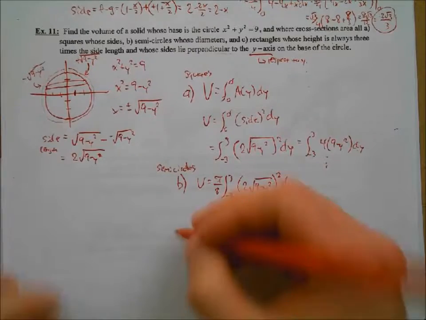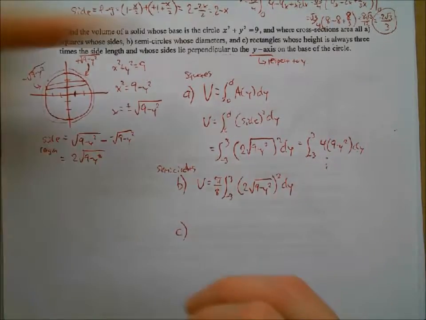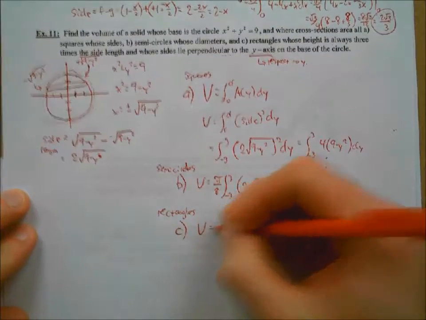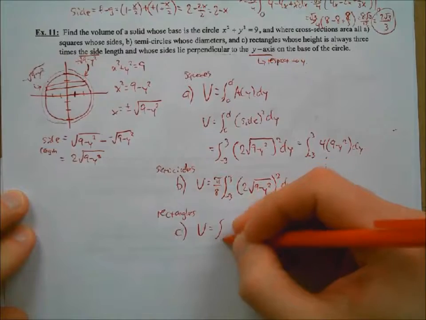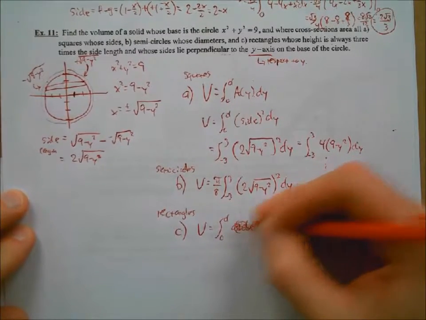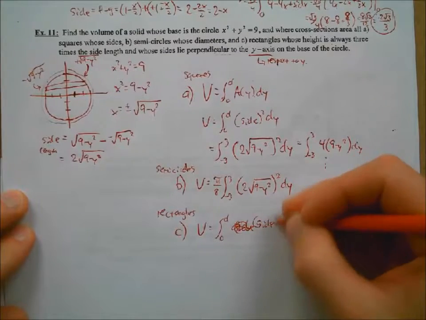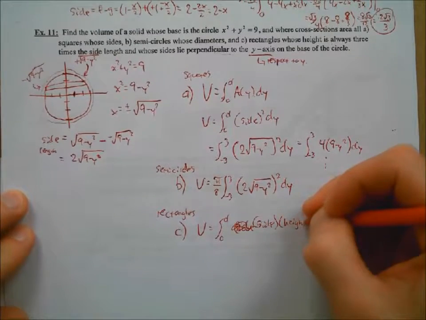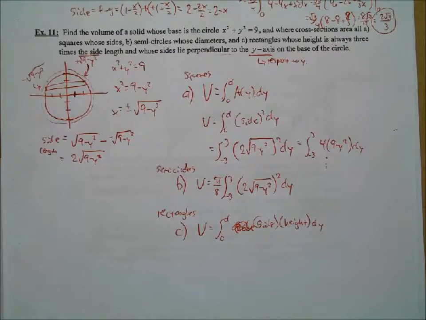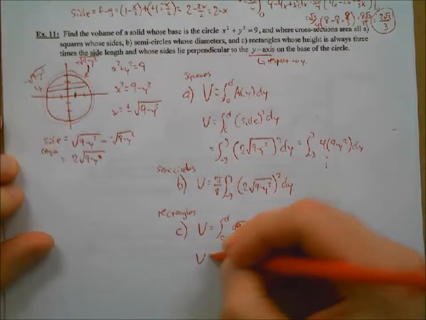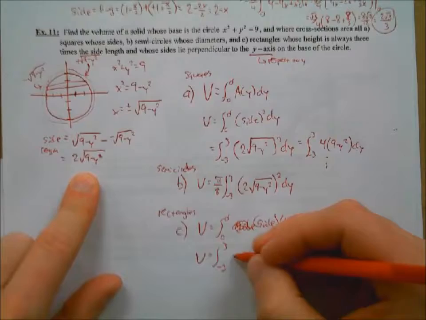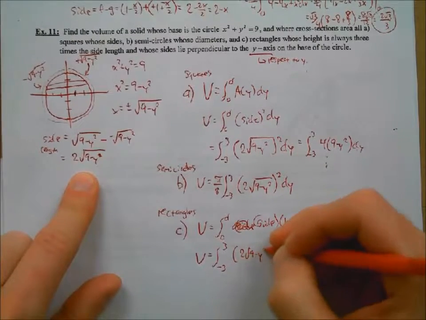For letter C, rectangles. Remember that for the rectangles, it's side times the height, again with respect to y here. We already know the side length of our rectangle. So it's going to be the integral from -3 to 3 times the side length of 2 root 9 minus y squared.